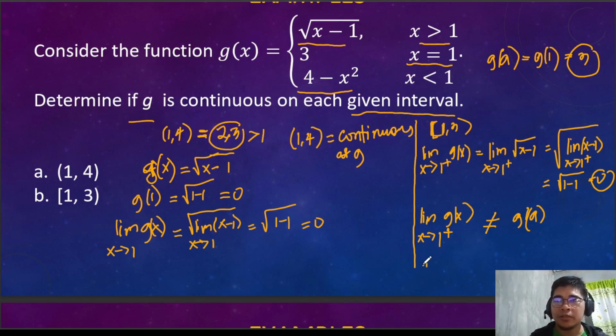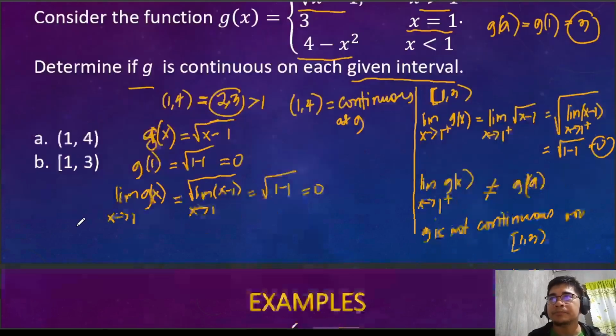So therefore, g is not continuous on the half-closed interval 1, 3. That is the difference between the open interval 1 and 4, and the half-closed interval. So we use the given conditions to get the exact answer.